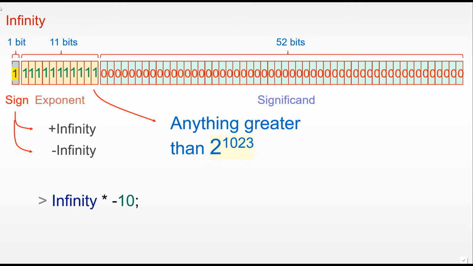And let us view a few examples. If we have infinity and we multiply it by a finite number, we would get infinity. If this number is negative, we would get negative infinity. If we take a number and divide it by infinity, for example dividing -10 by infinity, we actually get 0.